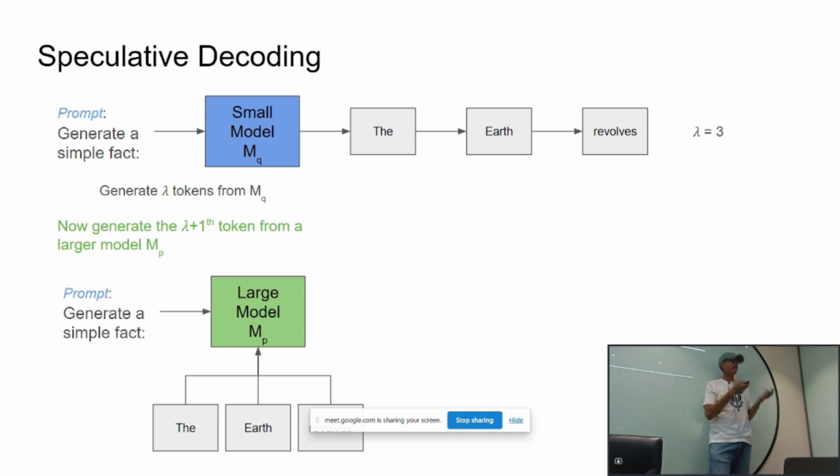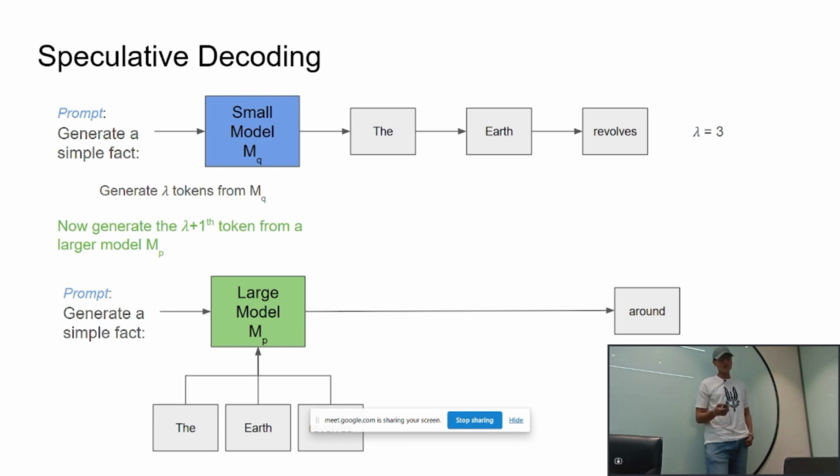So I can actually pass as many output tokens as I want to the decoder. Obviously, it has to be less than the token limit of the decoder itself. So now, given these inputs to the large model, it will generate the lambda plus first token, which in this case is "around".